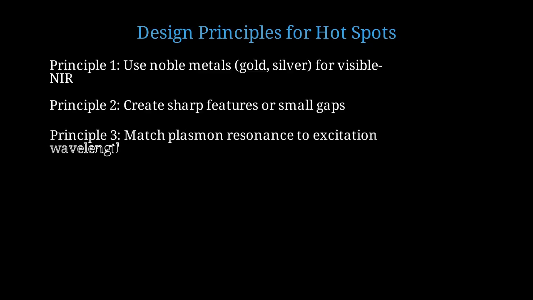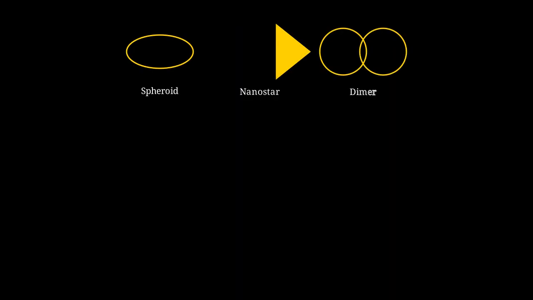Third, match the plasmon resonance frequency to your excitation wavelength by tuning the nanostructure geometry and composition. Here are 3 common geometries: spheroids with controlled aspect ratio, nanostars with multiple sharp tips, and dimers with nanoscale gaps. Each has advantages for specific applications.